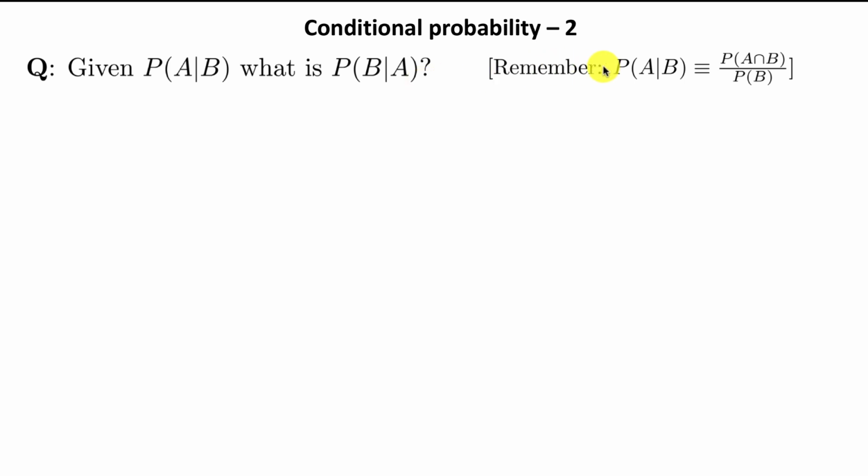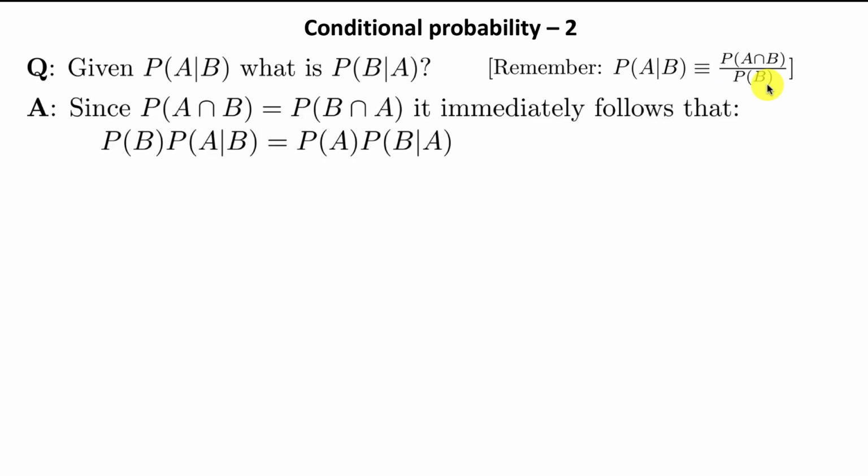I remind you that this is the definition of A given B, and that's just the probability of A intersection B divided by the probability of event B. Okay, so that makes it very easy to answer because we know that A intersection B and B intersection A are exactly the same and therefore their probabilities are the same.